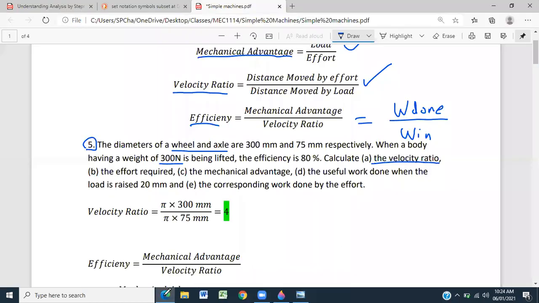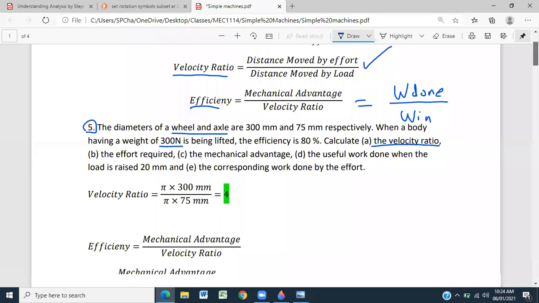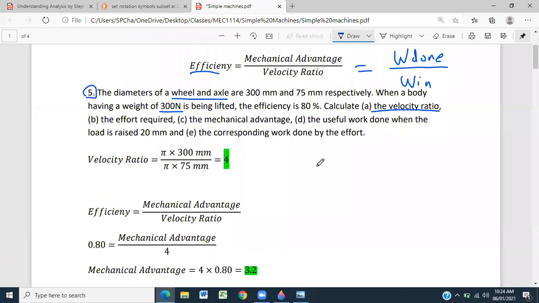So now, the formula for the circumference of a circle is 2 pi r, right? Not pi r squared, because that's the area. 2 pi r, or pi times the diameter, because 2 times the radius is the diameter.